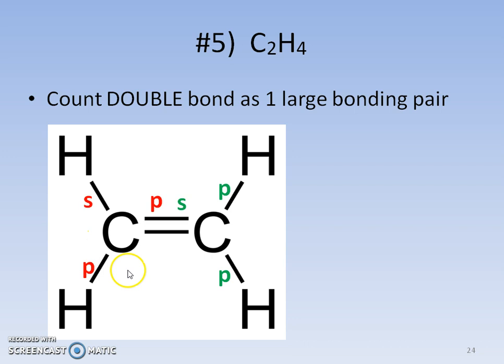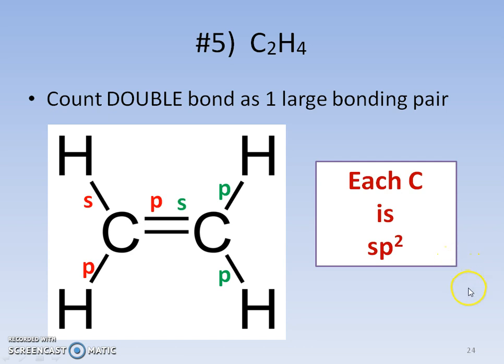So now in class and on your tests and on the AP exam, they might say to you, what's the hybridization around the first C, or the terminal C, or the middle C? In this case, there's no really middle C. Now in this case, the 2 C's are the same, so it doesn't matter which C we're talking about. But if you do have a long, rather big organic molecule, they might actually point out which C they're talking about.